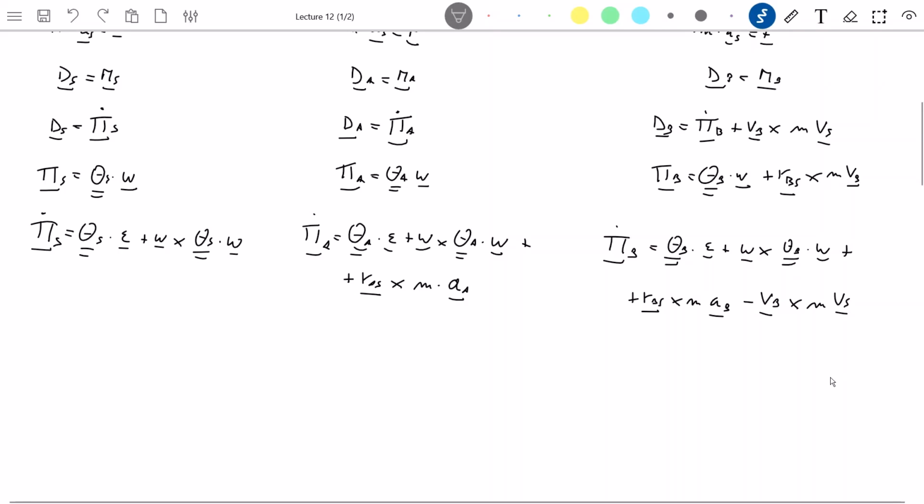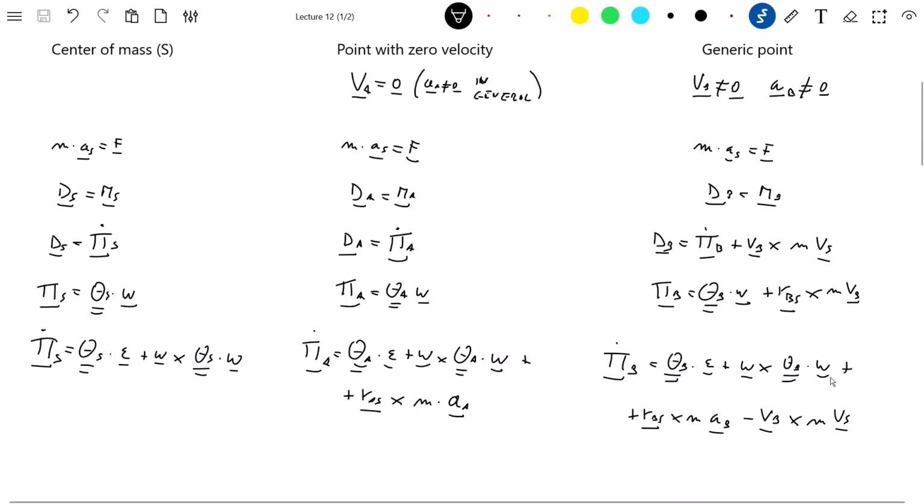So actually from the generic point you can always go to these ones, because you just assume that instead of a point B you have point S. For example, here instead of VB you put VS, you will have that this is parallel to this vector, so this term will be 0.